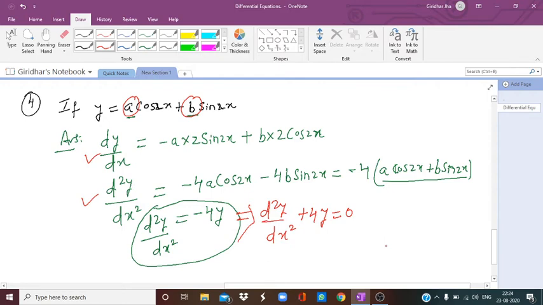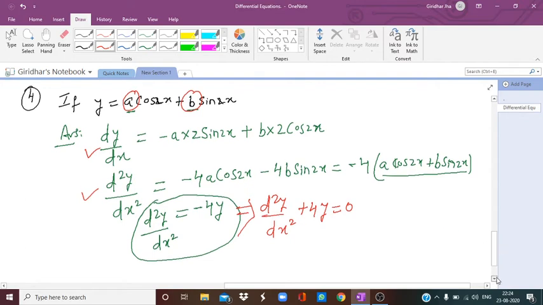See, this way we got the differential equation. Understood? You have to identify the arbitrary constants. Once you know the arbitrary constants, you just differentiate that many times. If there are three arbitrary constants, we differentiated three times. You have seen this in the family of parabolas. So this is the way we get the formation of a differential equation.